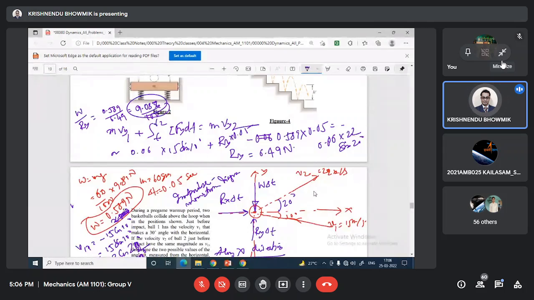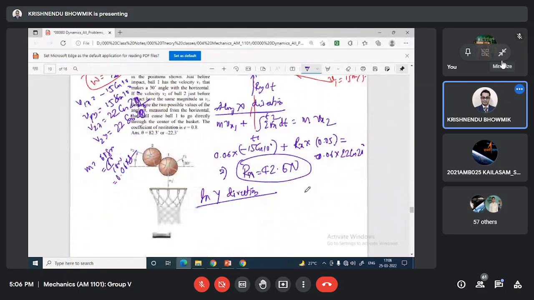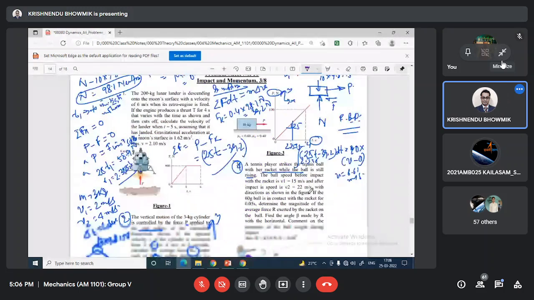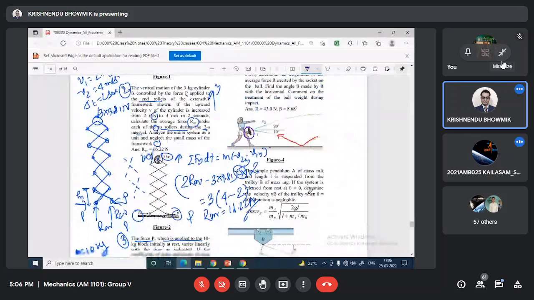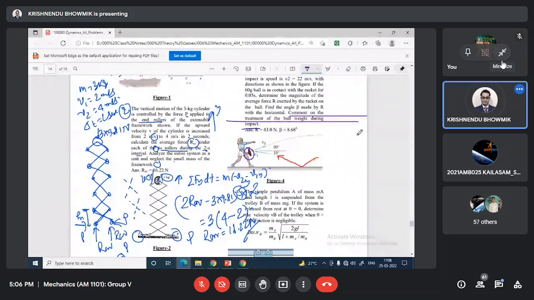The tennis ball's weight is more than 9% of the reaction force. If you are not considering this W, then there will be 9% error. That's why it is told to comment on the treatment of the weight. So the consideration of the weight of the ball is very much important, because it is at least 9% of the force in the y directions.